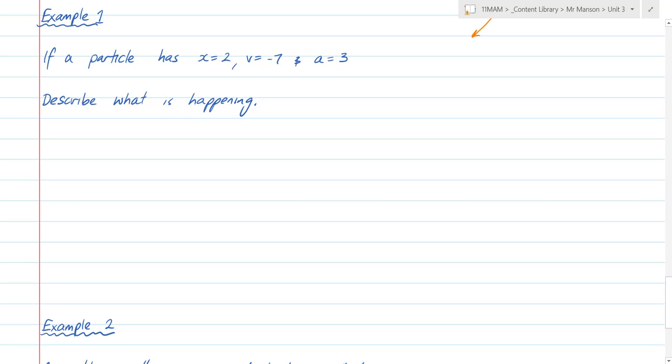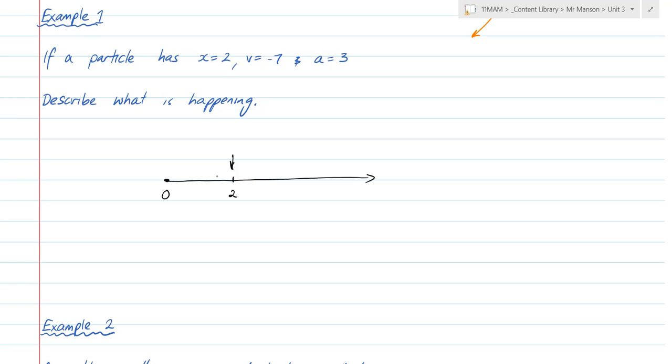Okay, so at the moment, it's 2 meters from the starting point. So if I put O here, it's currently sitting there at 2. So that's where the particle is. And what's the particle doing, Pascal? It's decreasing. Okay, so the distance is decreasing because we're at 2.